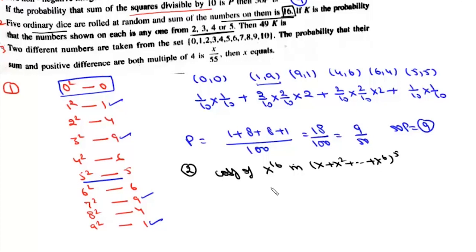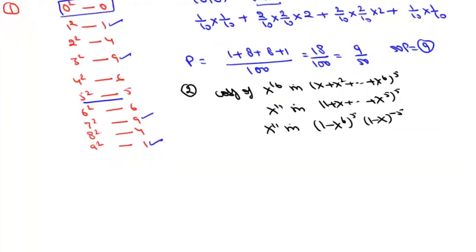Now we can take x to the power 5 common, so it will be x to the power 11 in (1 plus x up to x to the power 5) to the power 5, or the coefficient of x to the power 11 in (1 minus x to the power 6) to the power 5 into (1 minus x) to the power minus 5. Or we can write this as the coefficient of x to the power 11 in (1 minus 5 x to the power 6) into (1 minus x) to the power minus 5.